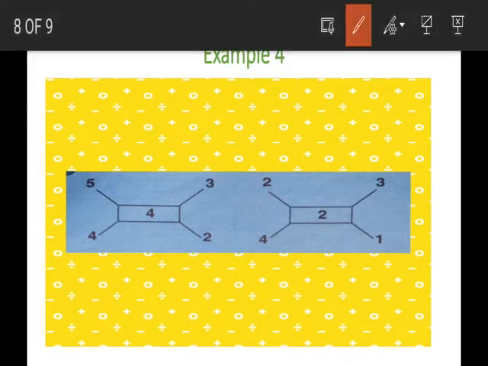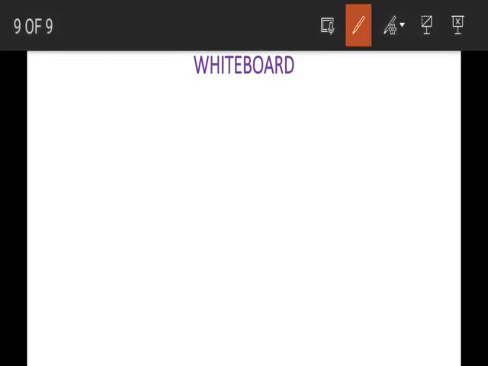Now, assuming this 4 was not given, which is the 4 inside the rectangle. Assuming it wasn't given, how do you get the 4? That's a simple analogy. You simply take the 2 numbers on the left hand side, which is 5 plus 4, and 5 plus 4 gives us 9.